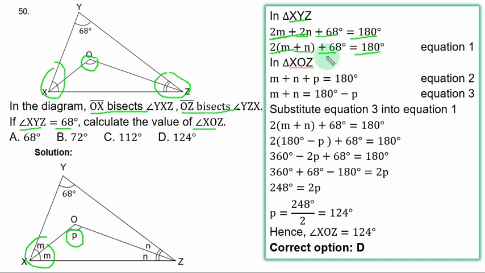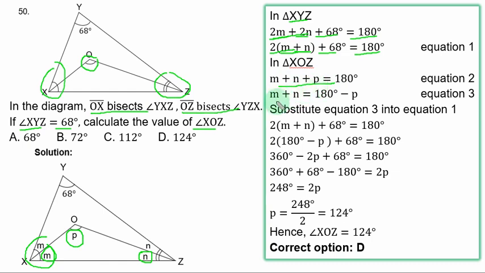In triangle SOZ, you just have M here. This M plus P plus this N is equal to 180. Already we can write an expression for M plus N. So we transfer P to the right hand side.